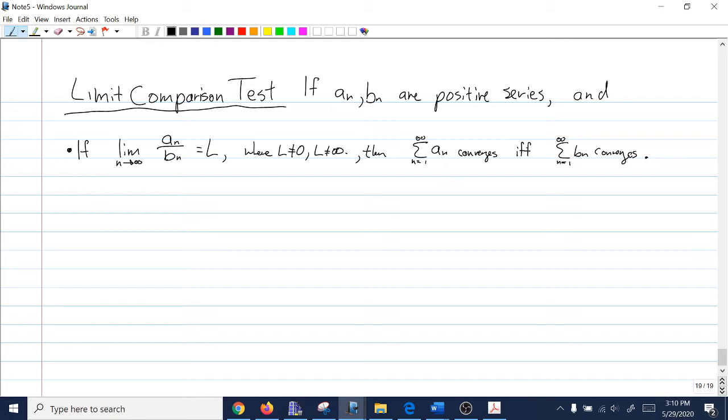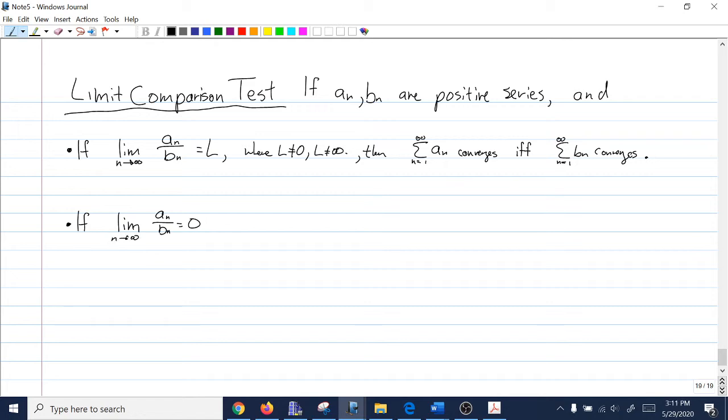This is how many calculus textbooks write the limit comparison test. They demand that the limit not be 0 and not be infinite. But it's easy enough to draw a conclusion if the limit is 0. Because if the limit of a fraction is 0, that says the top is eventually smaller than the bottom, right?